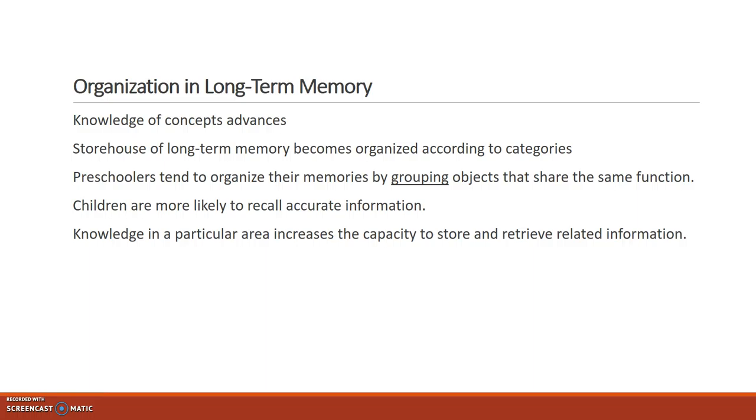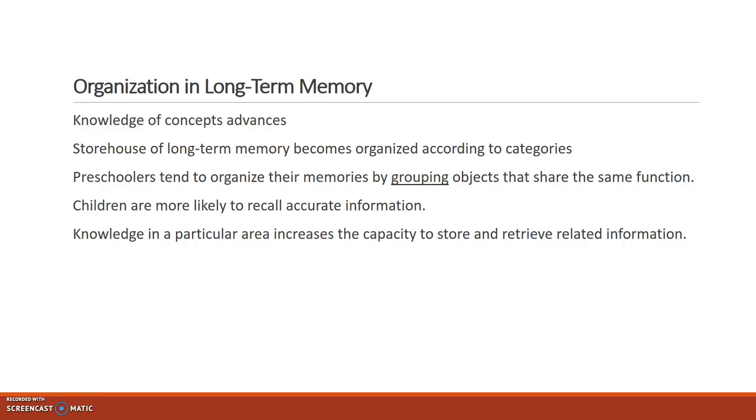We're more likely, though, as we get older, to organize information along categories. It could be function, it could be color, it could be taste, it could be things like mammals, it could be what are fruit, not necessarily on function.